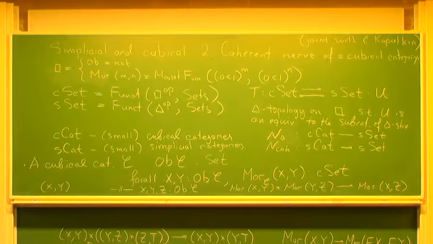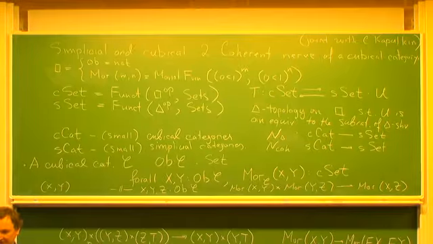This leads to a whole bunch of difficulties later on. For example, it's not possible to immediately define what a nerve of a category is in univalent foundations.